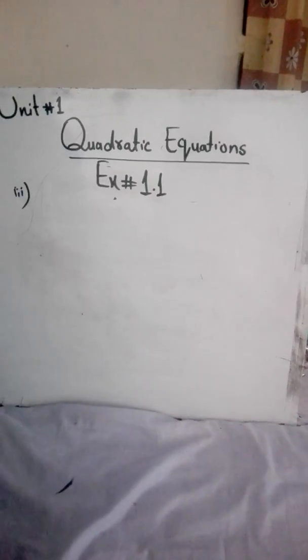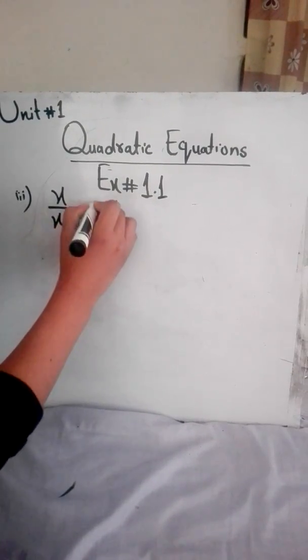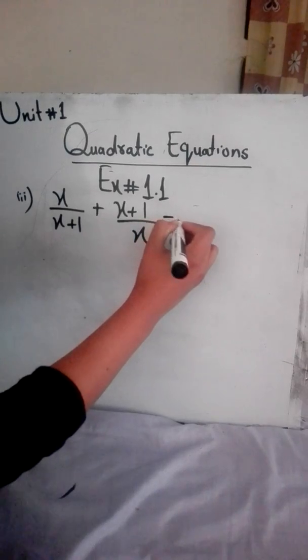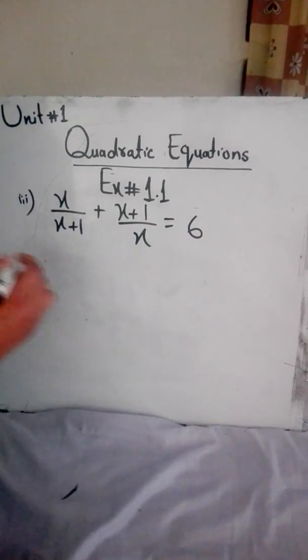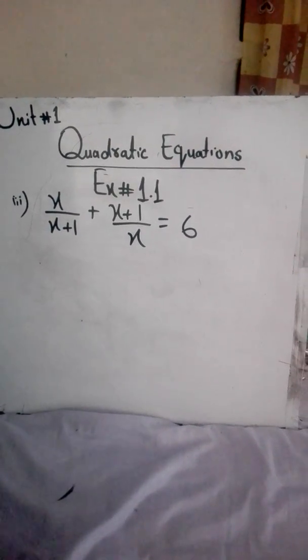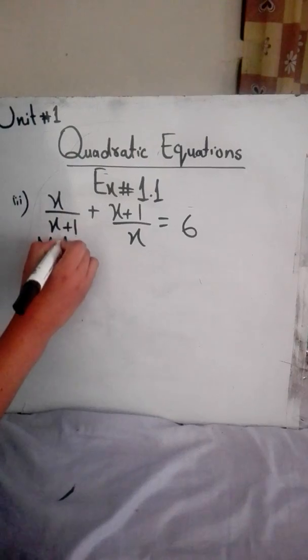Now the next question is x by x plus 1 plus x plus 1 by x is equal to 6. First of all, we will multiply both sides of the equation by LCM, which is x into x plus 1.